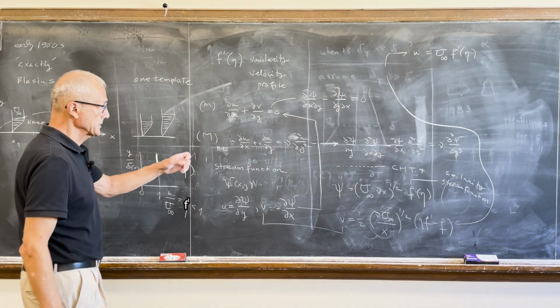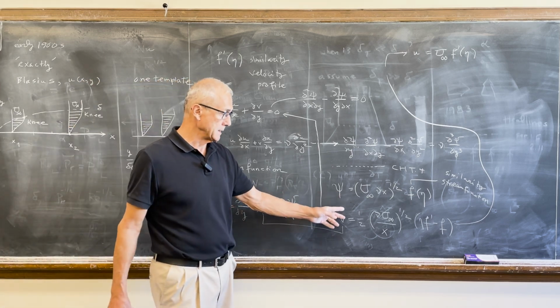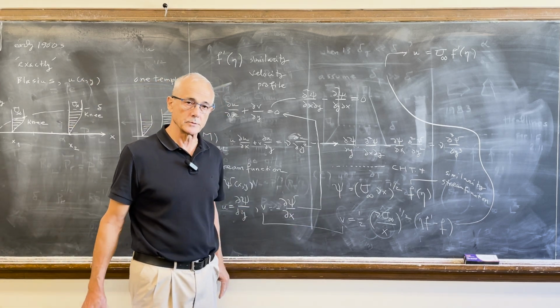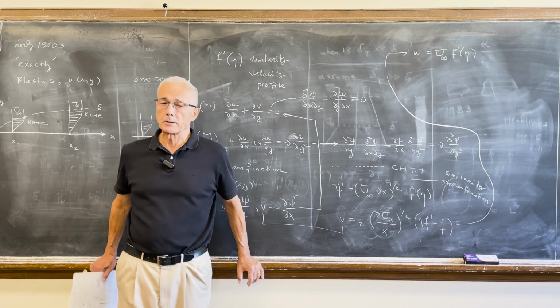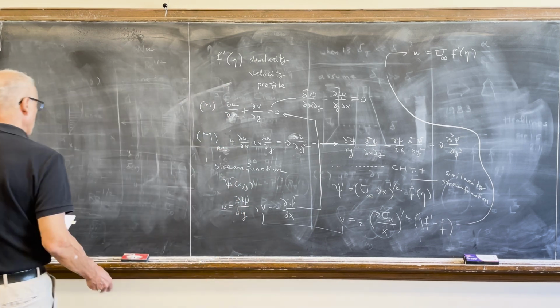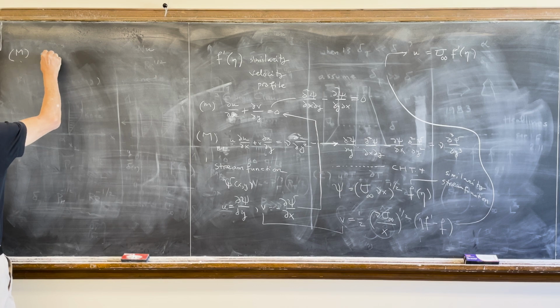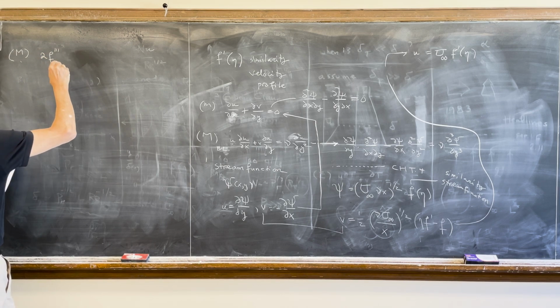We still have one equation to solve, which is the momentum equation. When all these, let's call them substitutions, or items of language translation, are substituted in the momentum equation, the momentum equation in similarity formulation reduces to 2f triple prime.